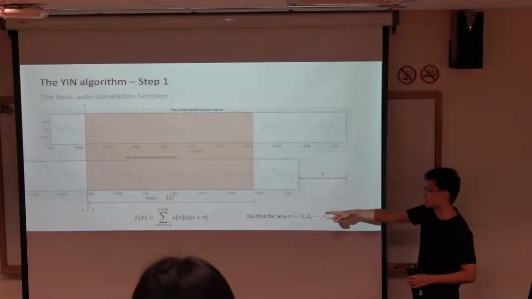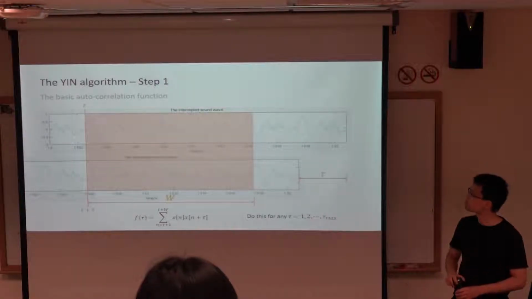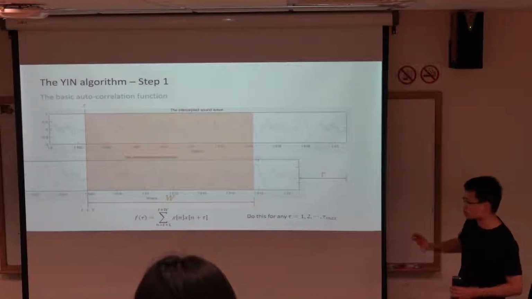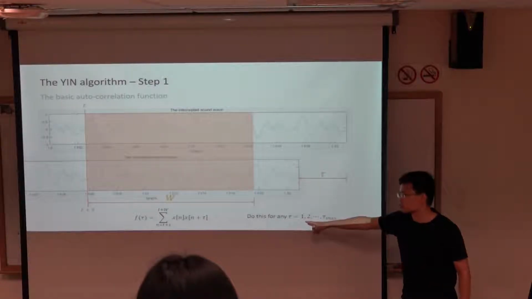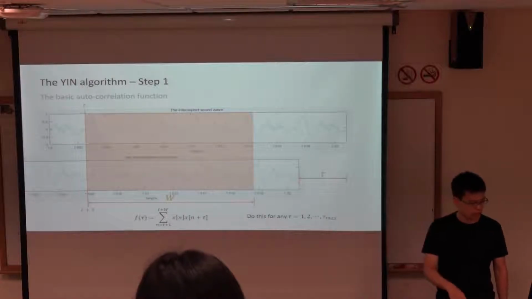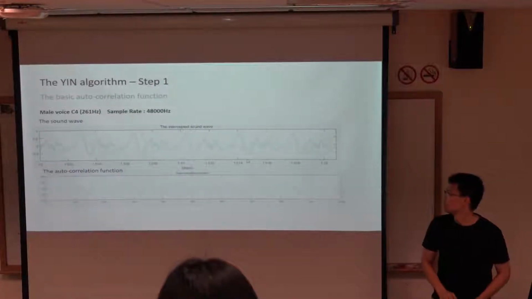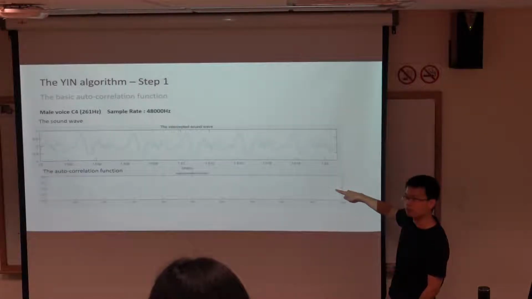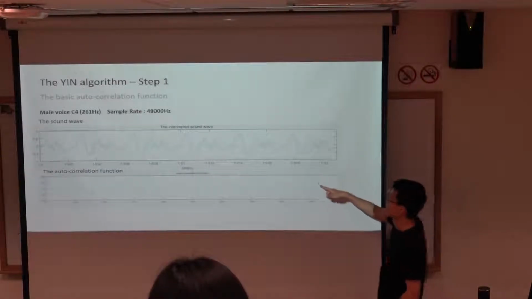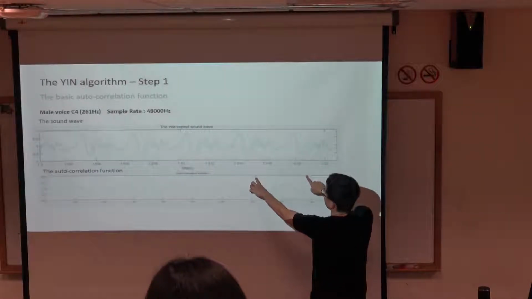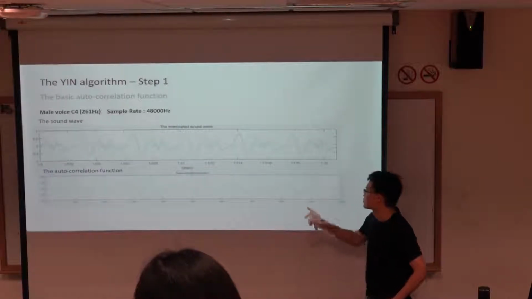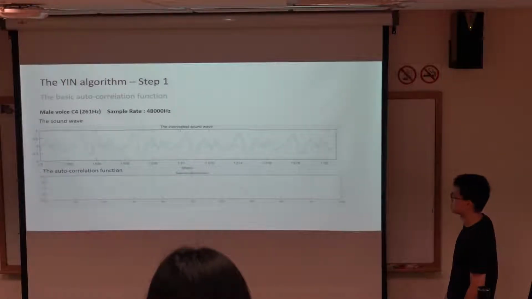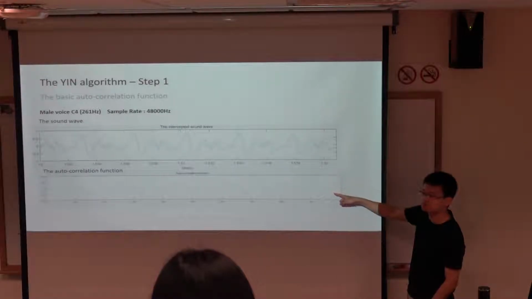Then I will plot f tau from 0 to tau max and see what happens. So this is the original signal, and this is f tau. And you will see that the periods appear exactly as well, right? They are similar. So how do we calculate the fundamental frequency from f tau?